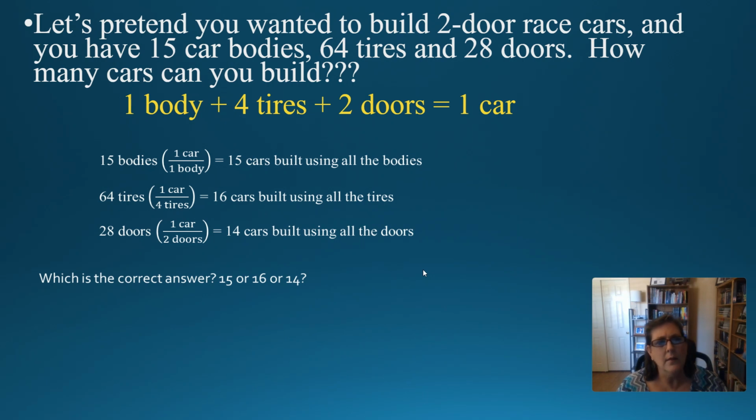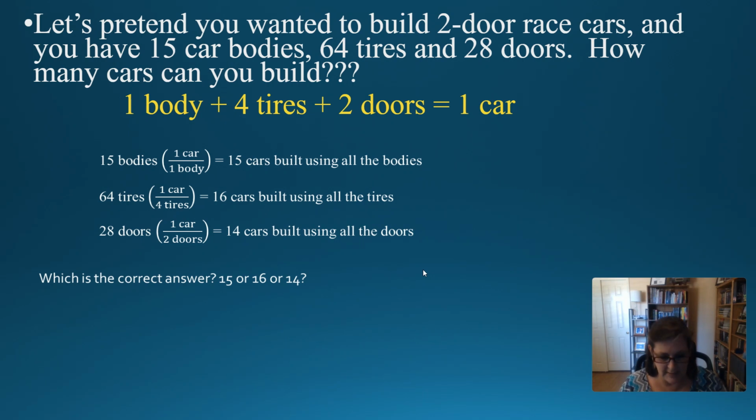Can we build 16 cars based on the tires? Yes, but what about the bodies and the doors? No, we don't have enough doors or bodies to make 16 cars, so it's not 16. What about 15? We have enough tires and bodies to make 15 cars, but we're going to run out of doors before we can make 15 cars.